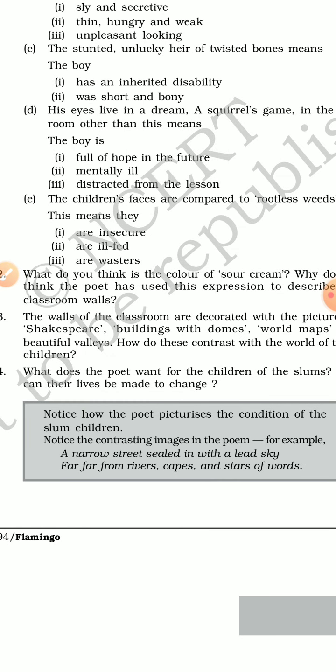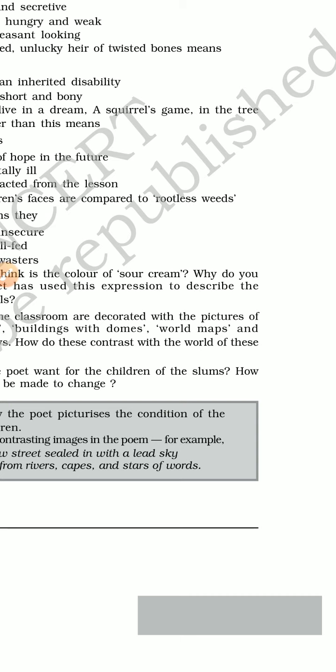The poet wants that the gap between the poor and the rich should be abridged, then their lives could be changed. He also wants to give a message that they should be educated. Education is the only way their lives could be changed.